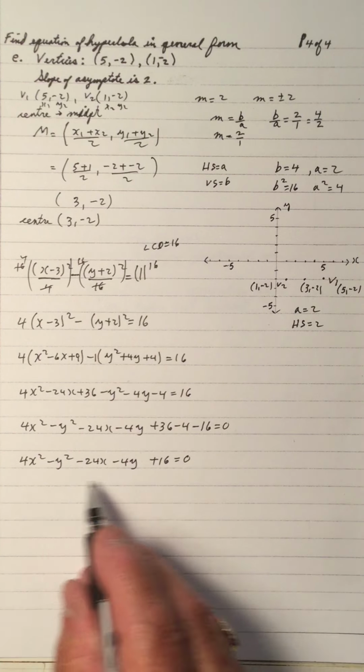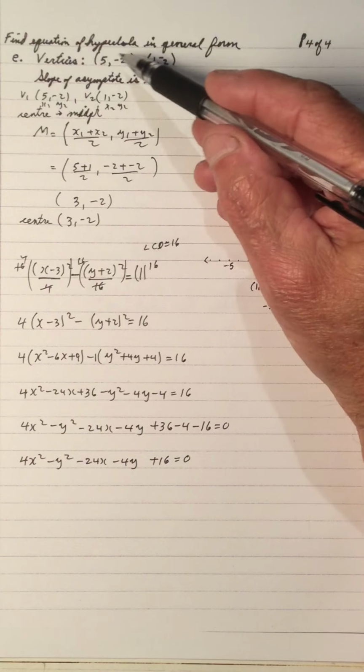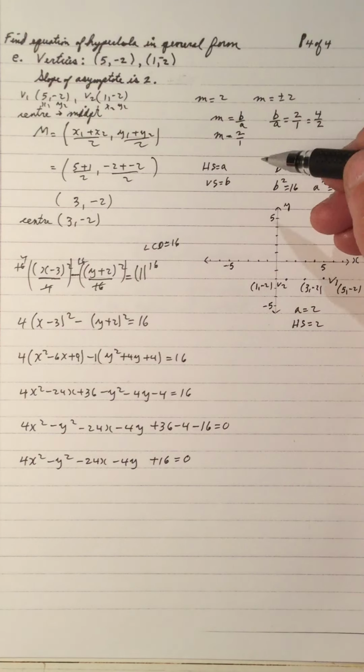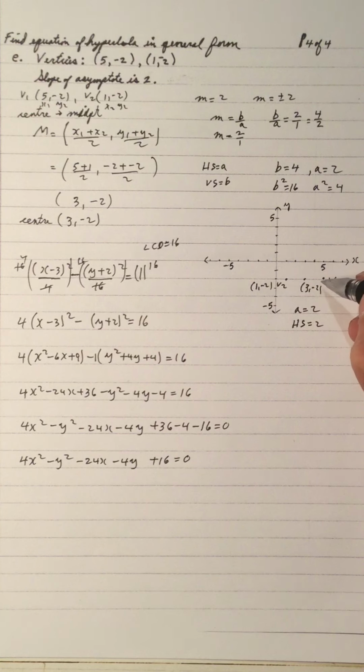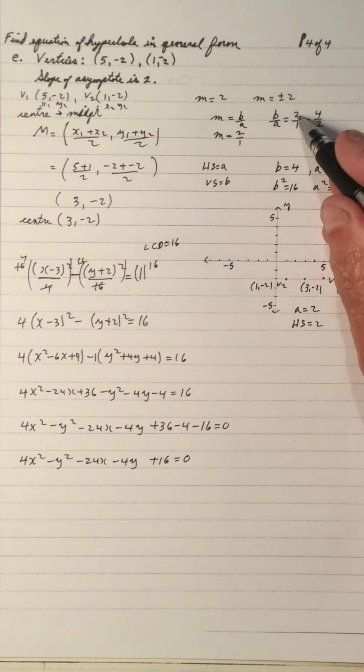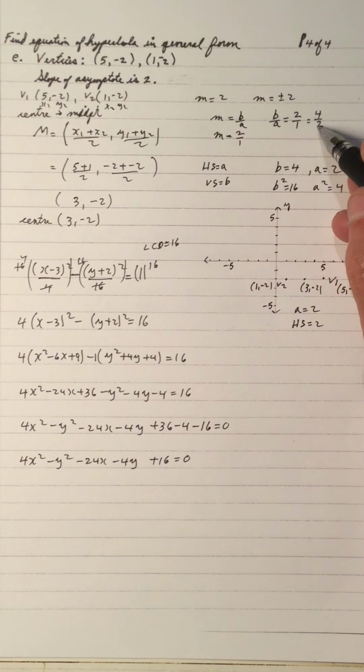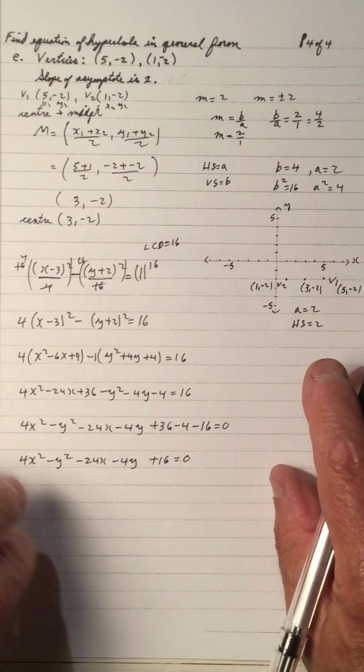And this is the general form given this information. Again, you have to watch out, because the slope in this question can be tricky. The slope is 2 over 1, but the horizontal stretch is 2. So I had to change 2 over 1 to 4 over 2 to get the horizontal stretch of 2. 4 over 2 is still the same slope as 2 over 1, but the stretch is different.